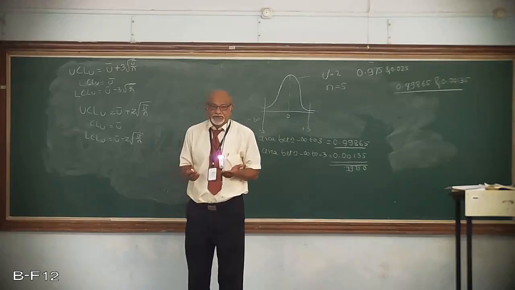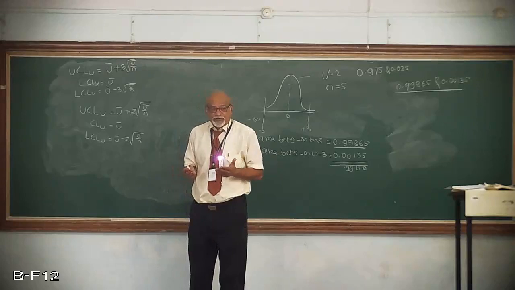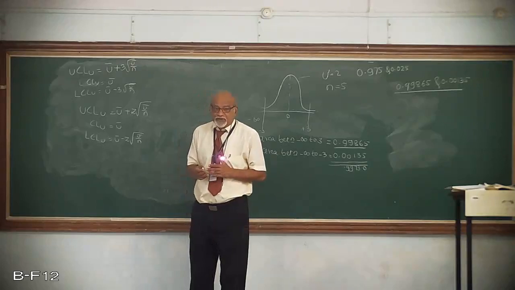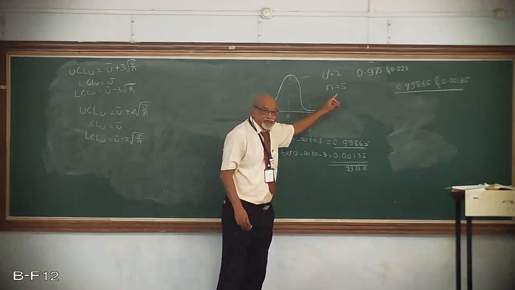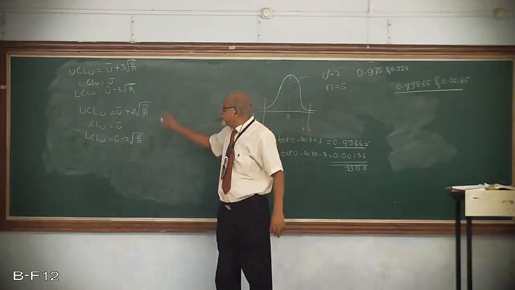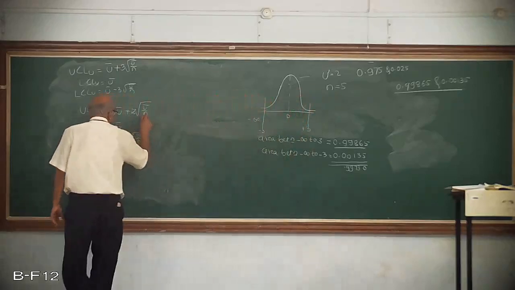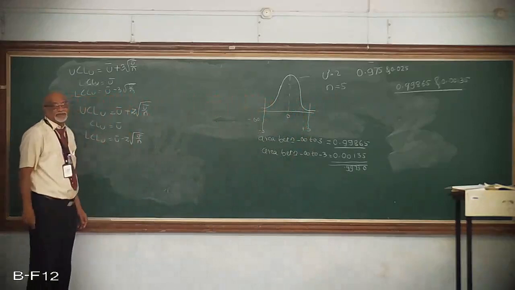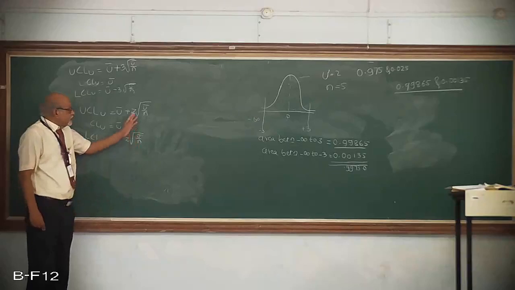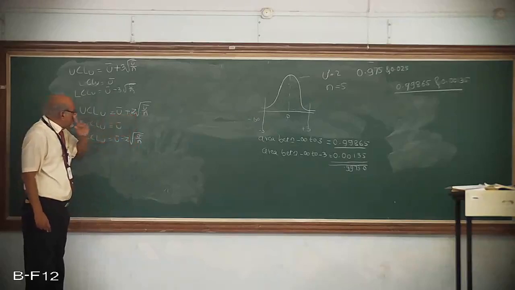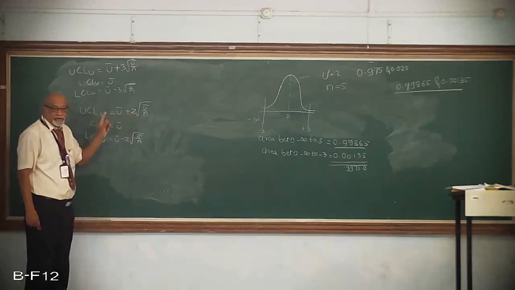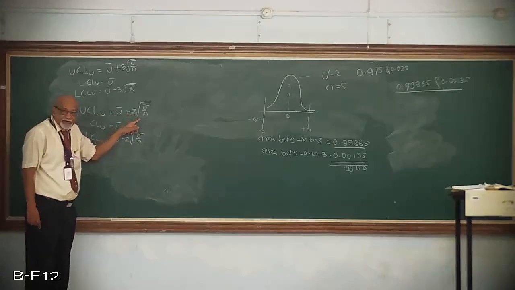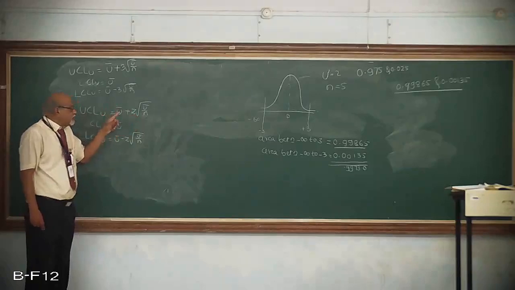Okay? Is it understood? So, since he has given n is equal to 5, because if you look at this one, it involves the term n here. So what we have to find out is the value of Z from the table, and substitute over here. What are the known things?